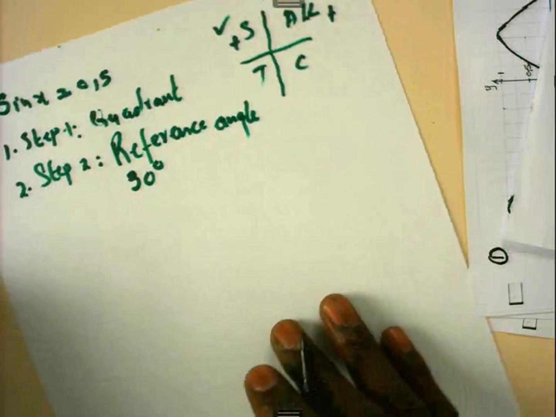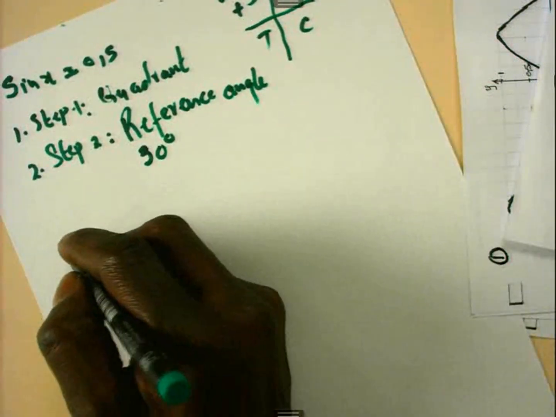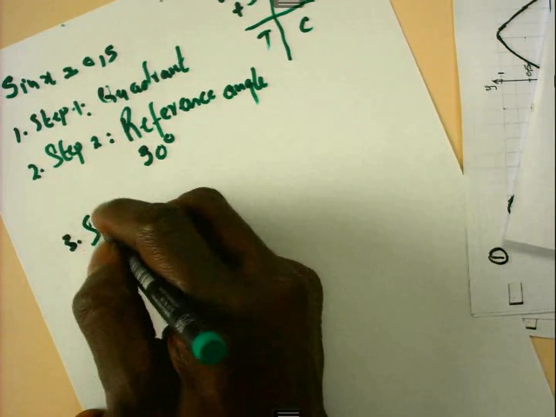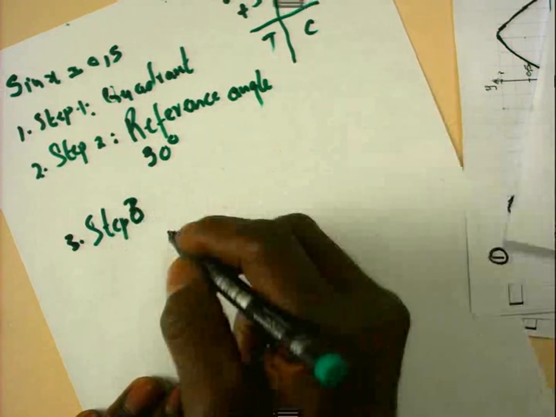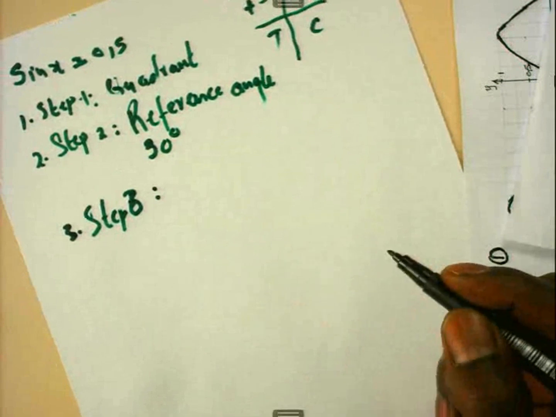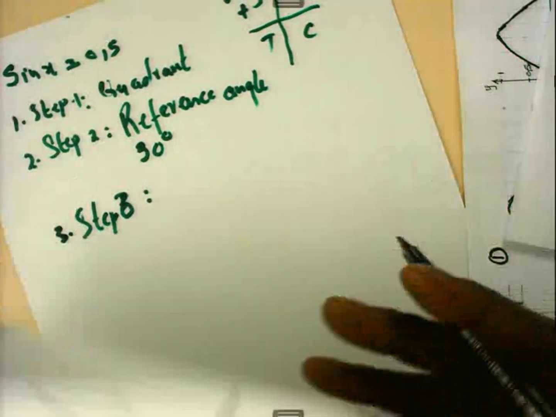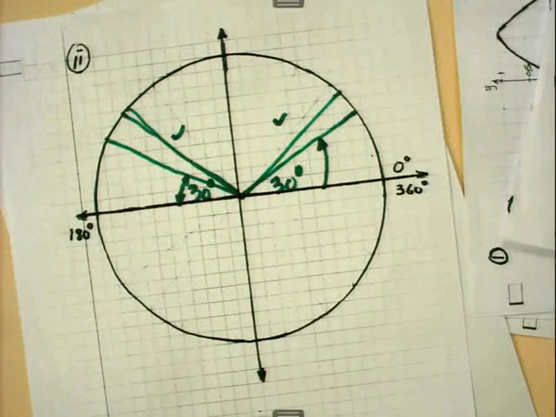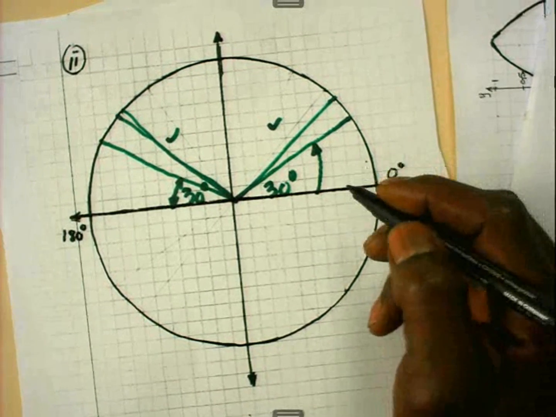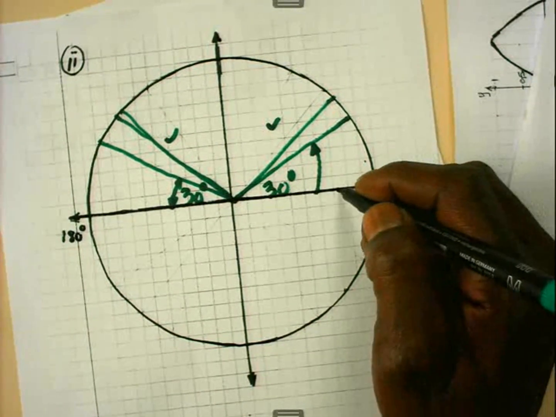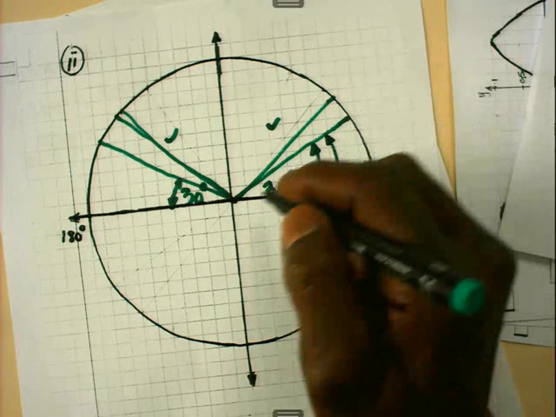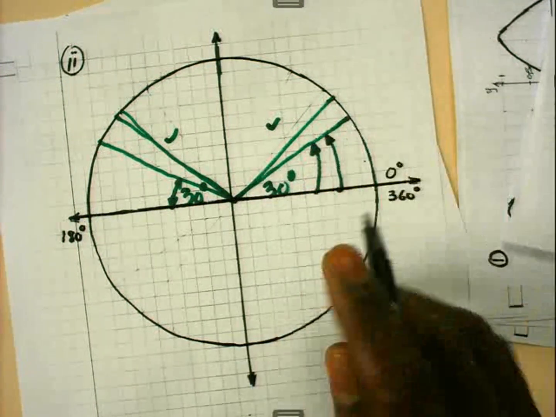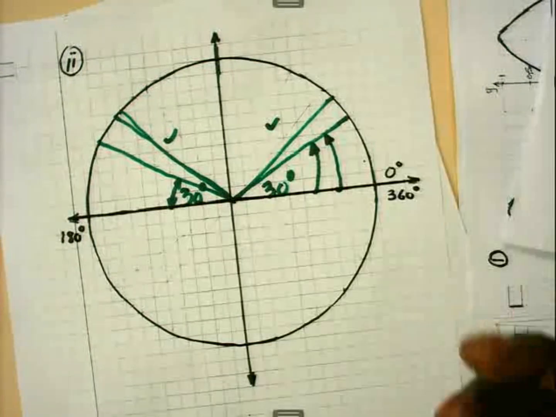Now that we've got our reference angle, step number 3, we now count in an anti-clockwise direction, starting from here. Now we want our solution. We start from here up to there. Immediately when we touch that terminal ray, we count the angle there.